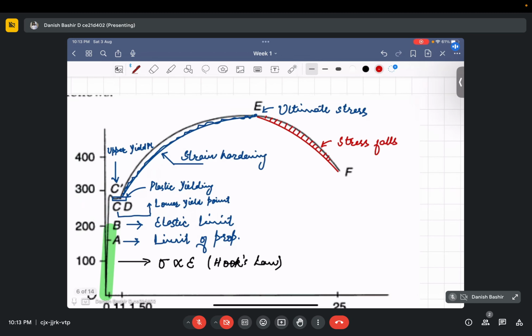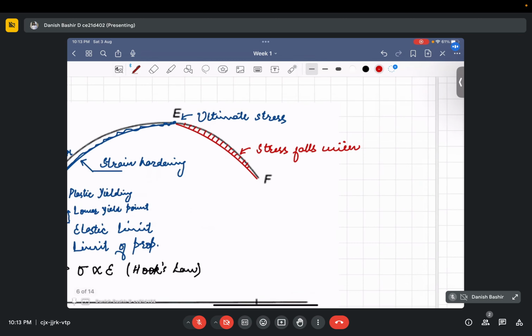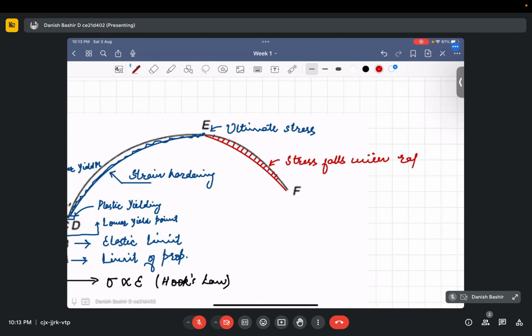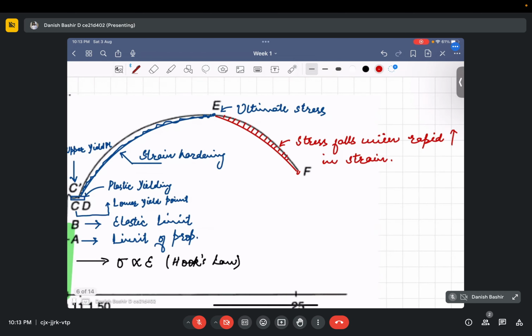Here the opposite is happening: stress is falling with a rapid increase in strain. Ultimately at point F, the specimen breaks, and this is known as the breaking point, or breaking stress.